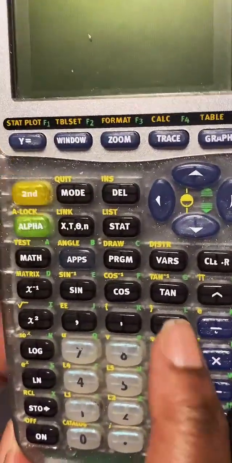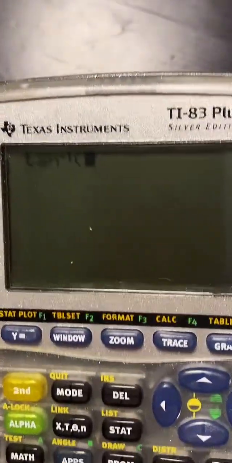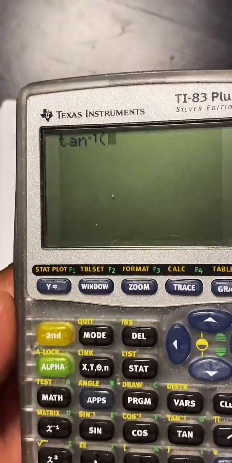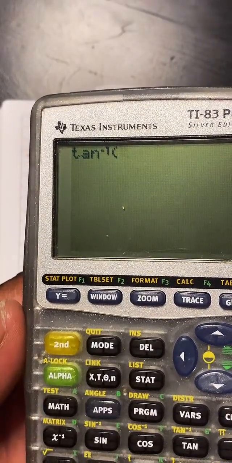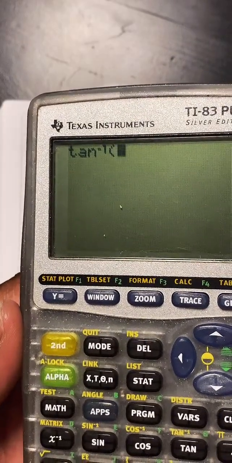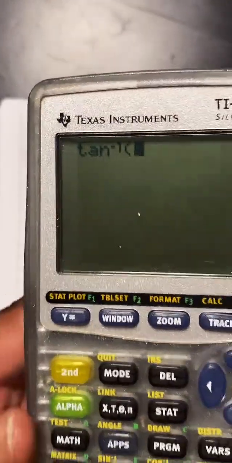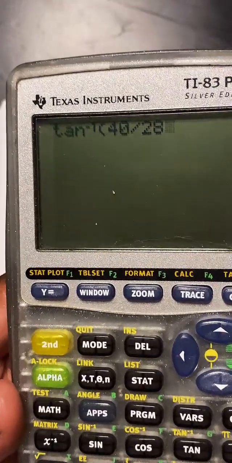So if I hit second and tan, then I got my tan with the -1 as an exponent. That means I got my inverse. So all I have to do from here is type in 40 divided by 28.